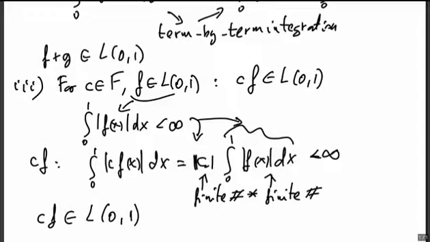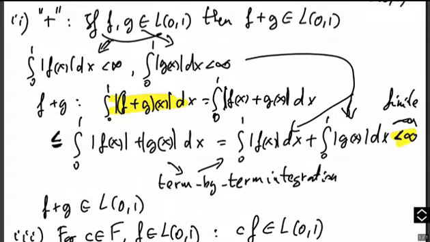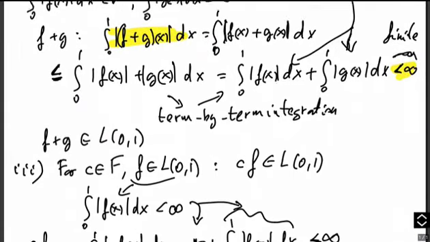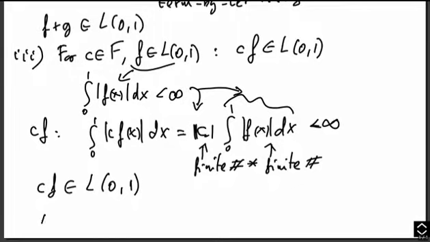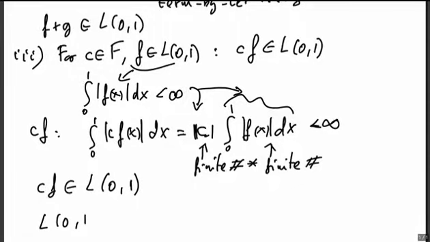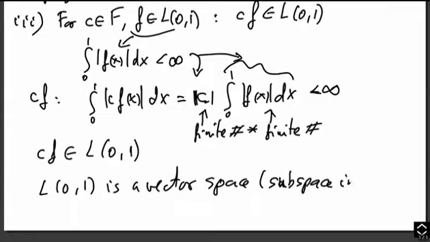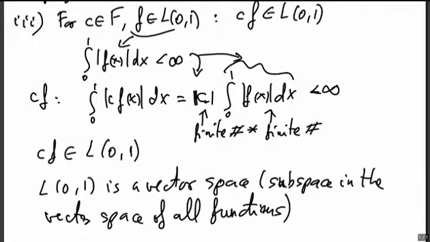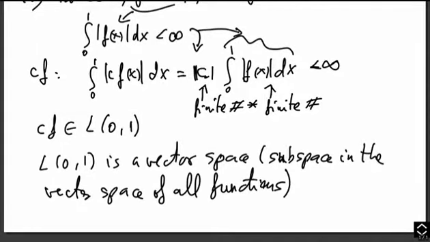Well, first of all, it's a set, but then using these properties 1, 2, 3, what we obtain is that L0, 1 is a vector space. Well, strictly speaking, it's supposed to say that this is a subspace in the vector space of all functions. But we know that a subspace is also a vector space.